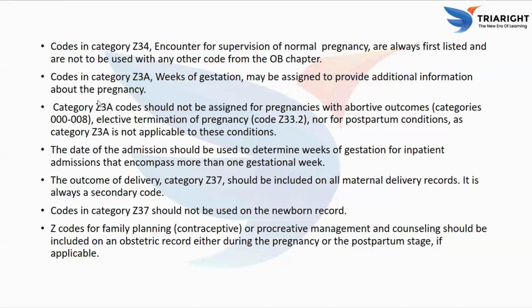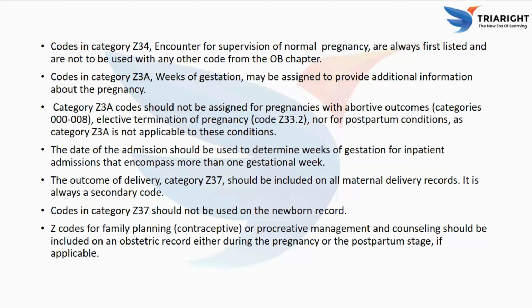And next is Z3A. What is it used for? The Z3A code gives additional information about how many weeks pregnant the woman is. Z3A codes are never used alone. These are always used as a secondary code. For example, 28 weeks pregnant, you code Z3A.28.